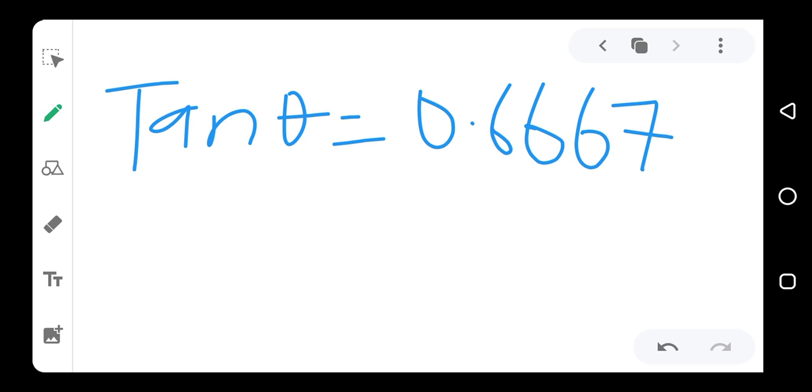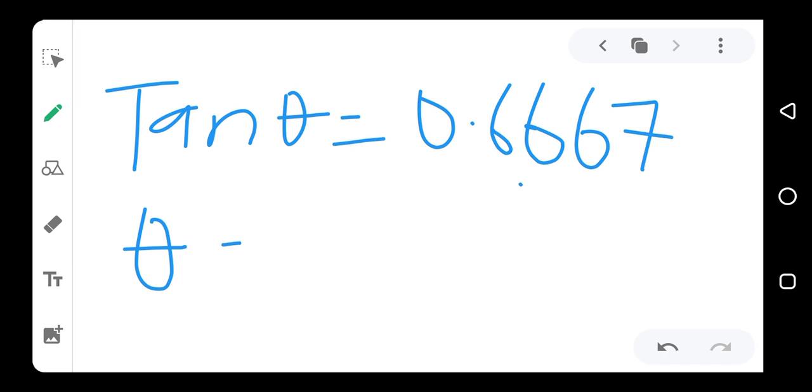Tan theta is equal to 0.6667, but we are not looking for tan theta, we are looking for theta alone. For us to get theta alone, we say arctan of this value that we've gotten here.